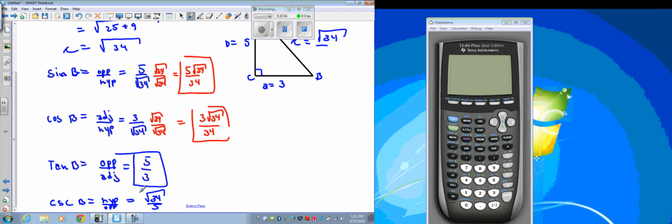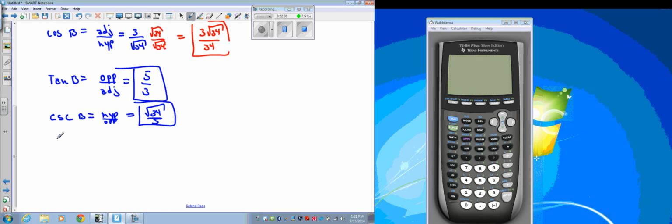And I don't have to do anything with that, correct? Now, what's the one that's the inverse that's related to cosine? Secant. And that's going to be hypotenuse over adjacent, and that's going to be the square root of 34 over 3.